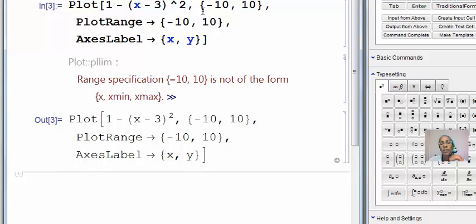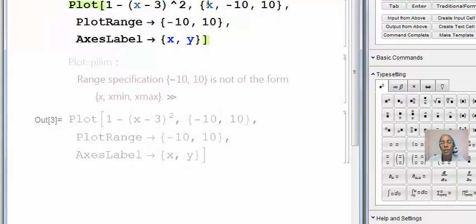Let's see. There shouldn't be any problem. Oh, I forgot to put the X. That's been the problem the whole time. When you give the range on X, you have to say that that is the range for X. And I totally forgot that.